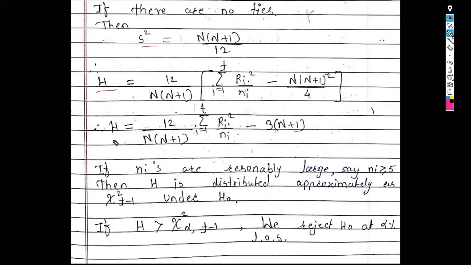So this can be written as H equals 12 upon N(N+1) times summation over i of Ri.² upon ni minus 3 times (N+1). Here we take this term inside the bracket, so this N and this N get cancelled, N plus 1 and this N plus 1 get cancelled, and 12 divided by 4 is 3. So we get 3 times (N+1).